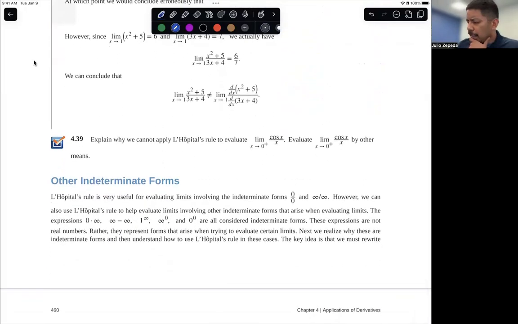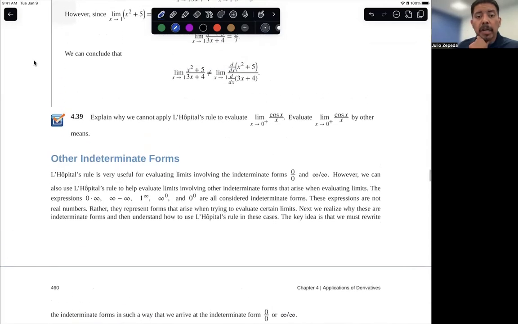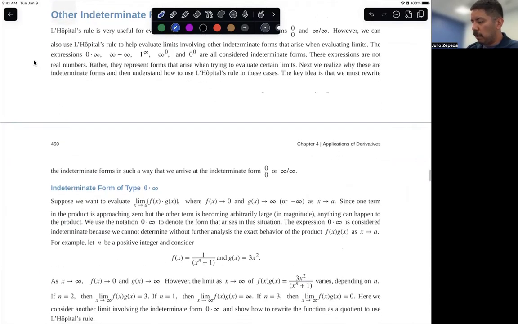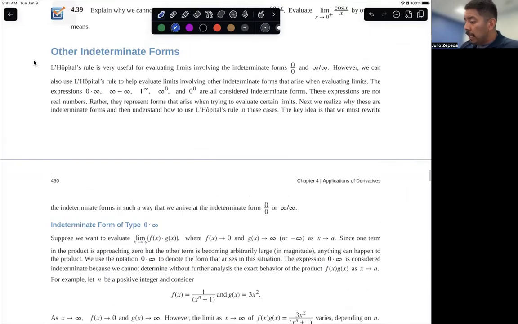All right, let's study a little bit more about other indeterminate forms, even though these will not be a major part of our class. But just very quickly, we'll take a look at one of these problems. Other expressions that could end up using L'Hopital's rule are of the type 0 times infinity. They're kind of strange expressions because you say, what's 0 times infinity? 0 times anything is 0.